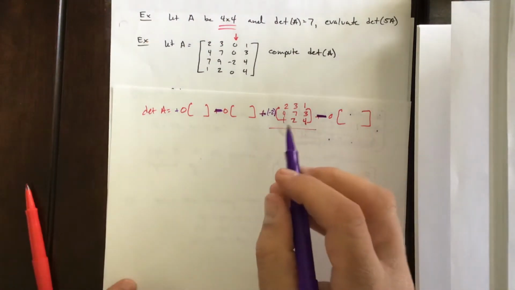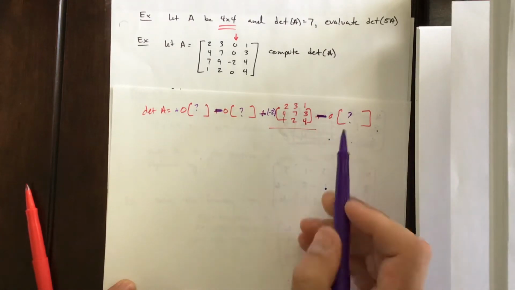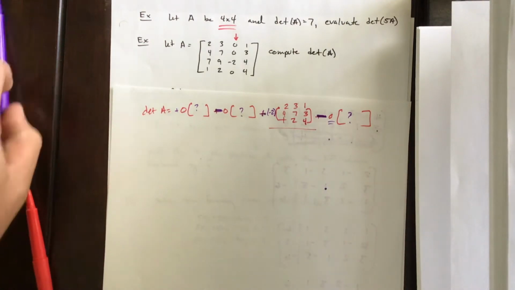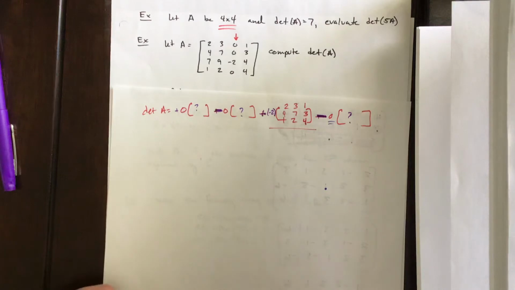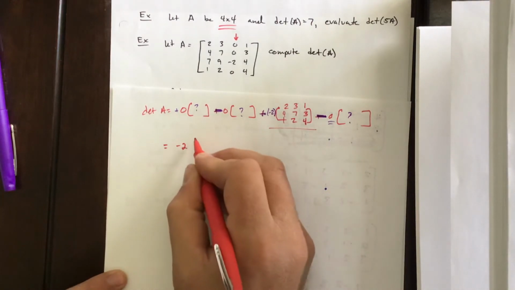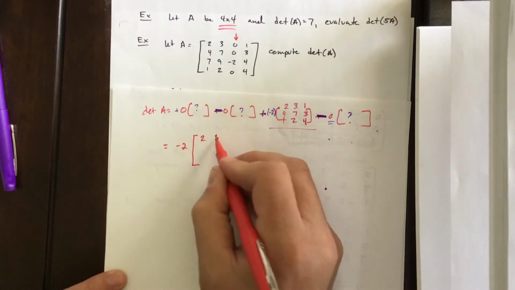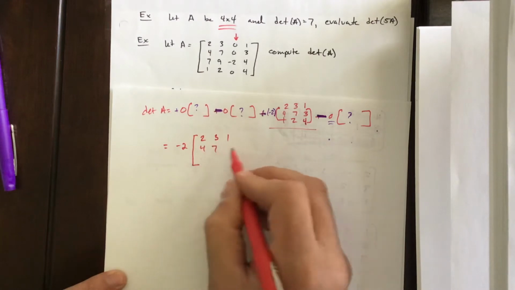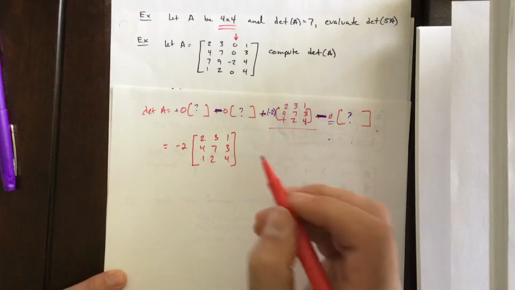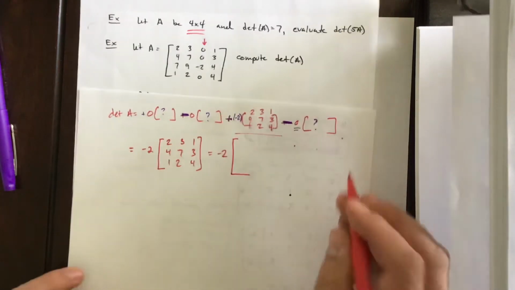Okay, and it really doesn't matter what goes here, here, or here, because the determinants of those 3 by 3 matrices are again going to be multiplied by 0. So this 4 by 4 determinant now is equivalent to computing the determinant of a 3 by 3 and multiplying it by negative 2. All right. So, what does that end up being?